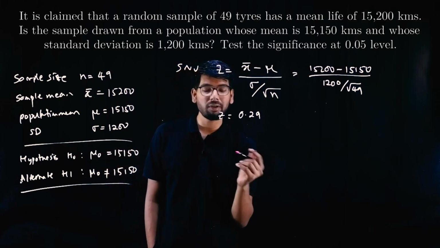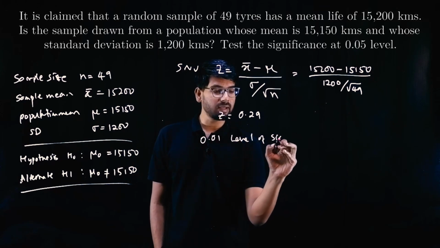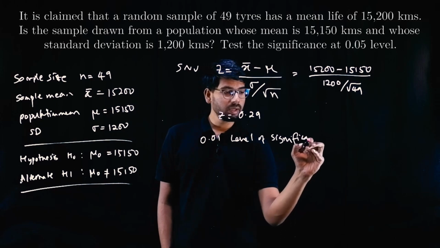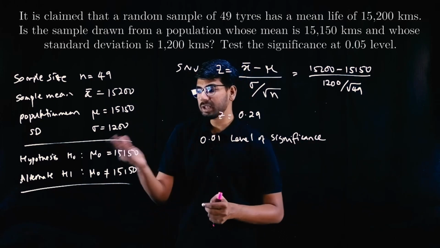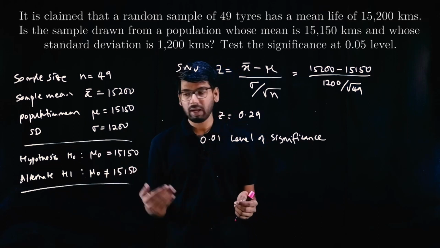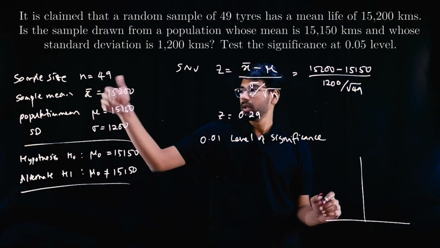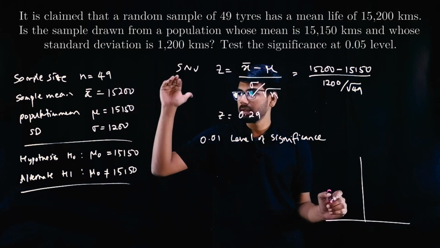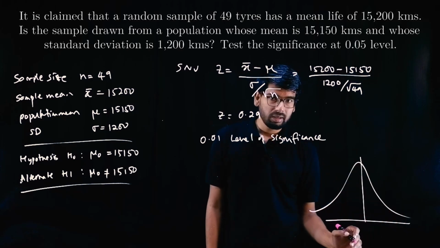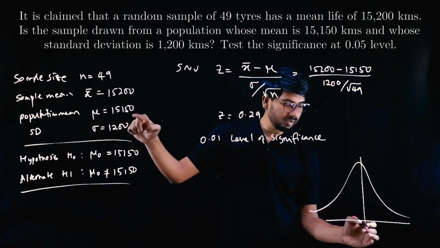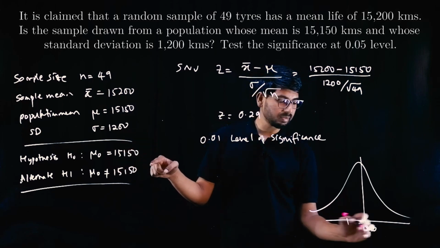And we need to test the hypothesis that the population mean is 15,150 at 0.01 level of significance. This is the limit beyond which we will reject the null hypothesis and accept the alternate hypothesis. Let's say the distribution of the mean lifetime of tires is a bell shape like this. The population mean 15,150 will be here, and the standard deviations of 1200 will be here and here.